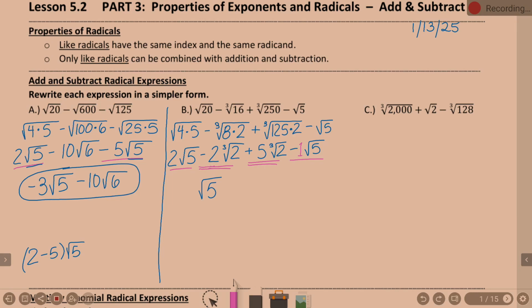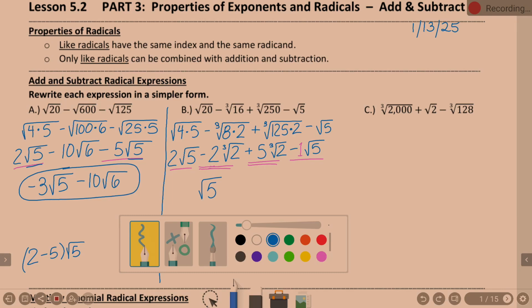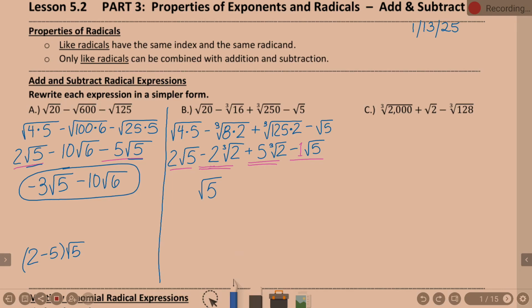We have a negative 2 cube root of 2 plus 5 cube root of 2. 3, because negative 2 plus 5 is a positive 3 cube root of 2. Do these pieces add together? No. So my final answer is going to be square root of 5 plus 3 cube root of 2.